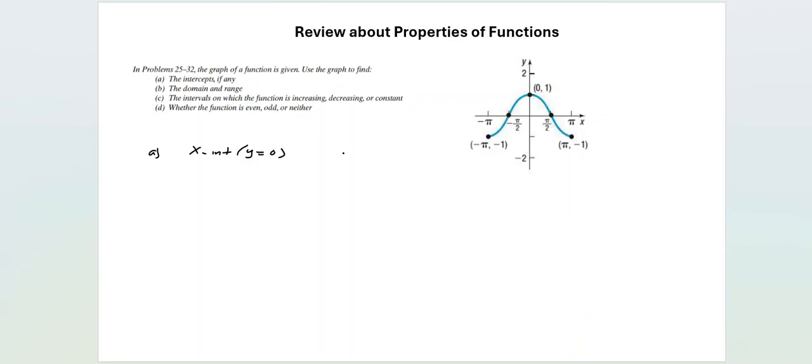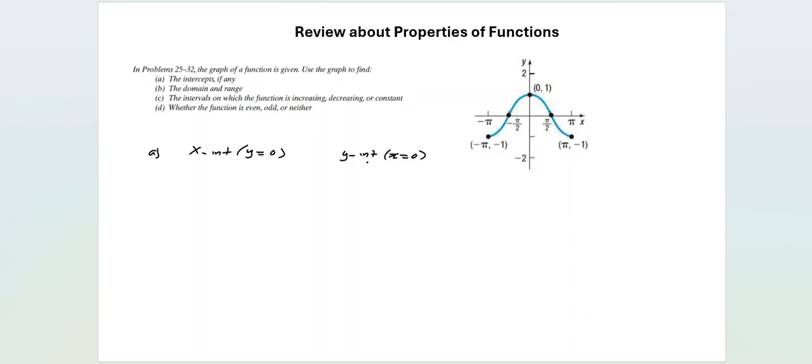And we have those y-intercepts that are the points of intersection of the graph with the y-axis when x is equal to 0. So those points with coordinates y equals 0 are going to be x-intercepts. Those points with coordinates x equal to 0 are going to be y-intercepts.